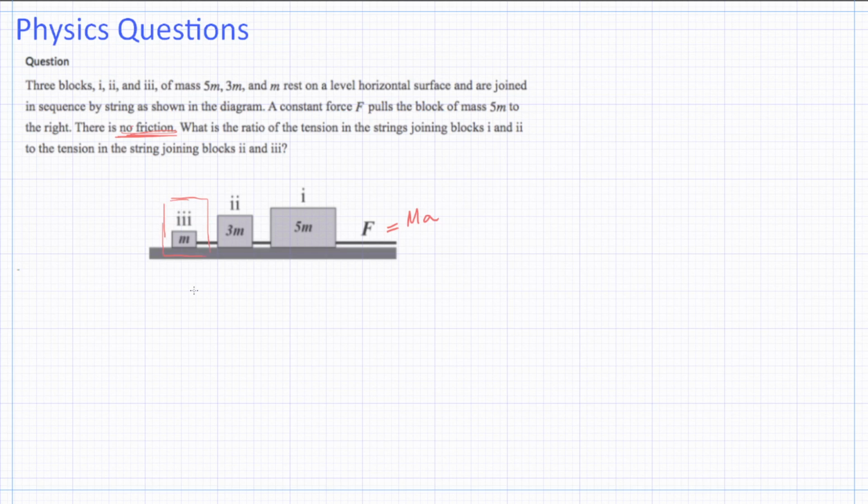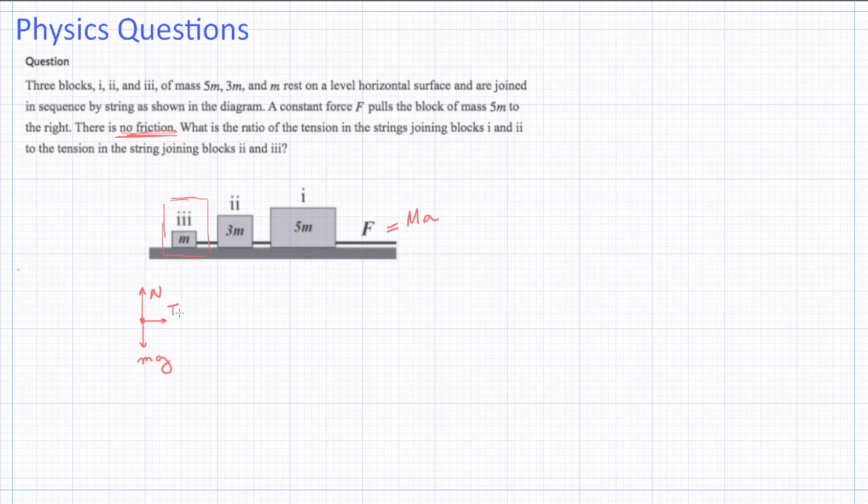Let's take a look at this tiny block here, for instance. If we draw the free body diagram for that block, I would have weight, which is downwards, and my normal force, which is upwards. Then I would only have my tension force, which is forwards.